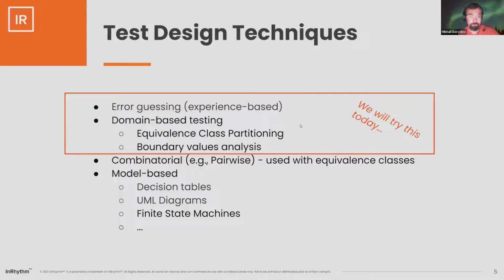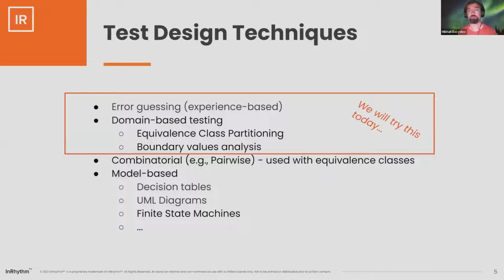The other is called domain-based testing, and here the idea is that when we are talking about some particular functionality, we have some inputs and some outputs. So we identify the different parameters, the different variables of our functionality, and what kind of different output parameters we have.